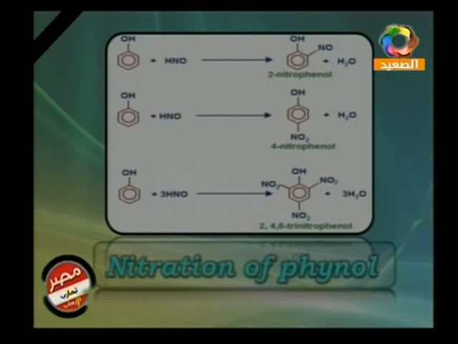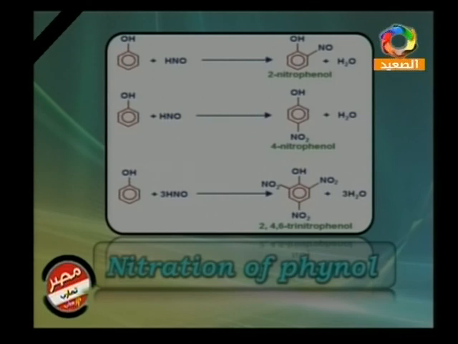Plus H2O. So at the last step, phenol reacts with 3HNO3. Here the NO2 is directed to form 2,4,6-trinitrophenol. It's called picric acid.